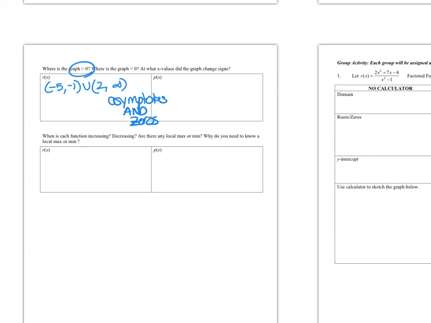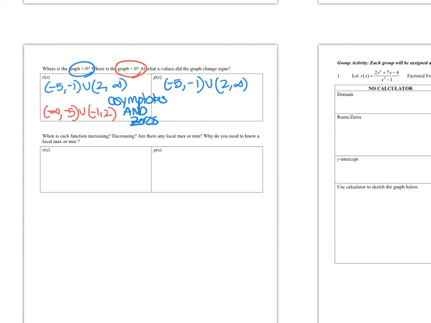Okay, if you look at p of x, it's greater than 0 from, looks like -5 to -1, and then from 2 to infinity. It's actually the same. And then let's look at less than 0. For r of x, -infinity until -5, and then -1 to 2.